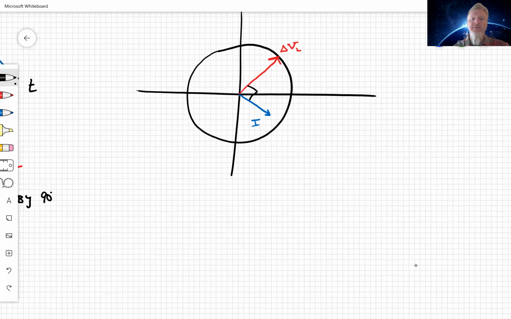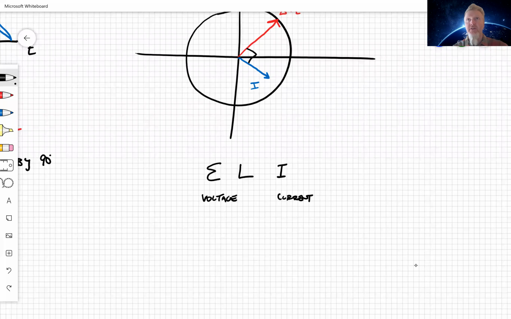Okay, so in the case of the inductor, the voltage leads the current, and it's the ELI case. Okay, so these two little mnemonics are super cheesy, but ELI ICE is how you remember which way the phase relationship of the voltage and the current in AC circuits, which way these things are, right?